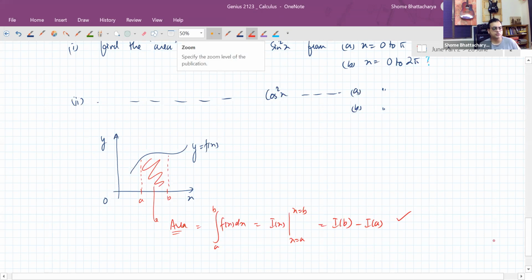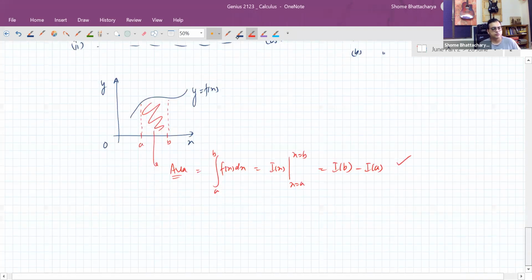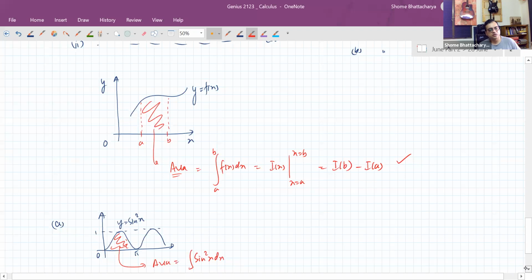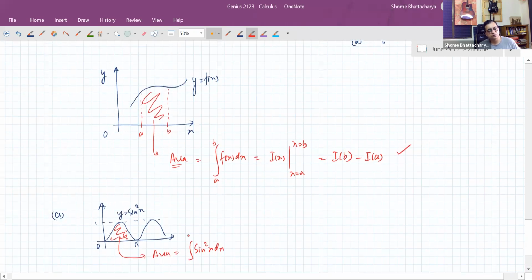So let's apply that now to this. In this A part, talking about the sine square function, I want to calculate the area between 0 and pi. This area will become the integration of sine square x, with the limits x equal to 0 to x equal to pi.